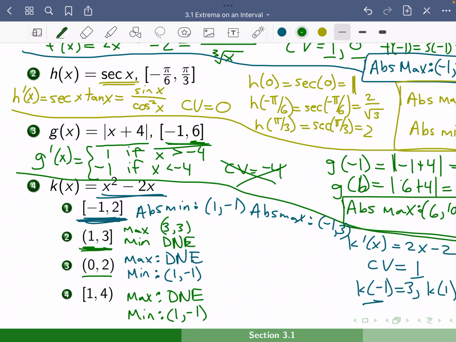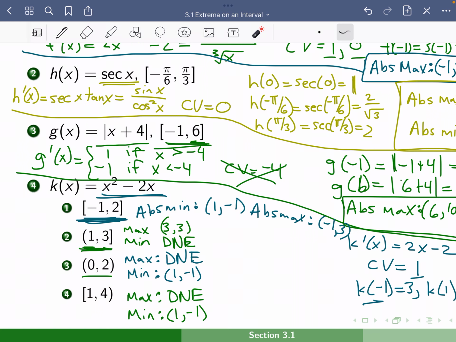You might want to look at a graph of those to help convince yourself that on this interval, we do have a function value that's the absolute smallest, but our largest one occurs when the x value is closest to 4.